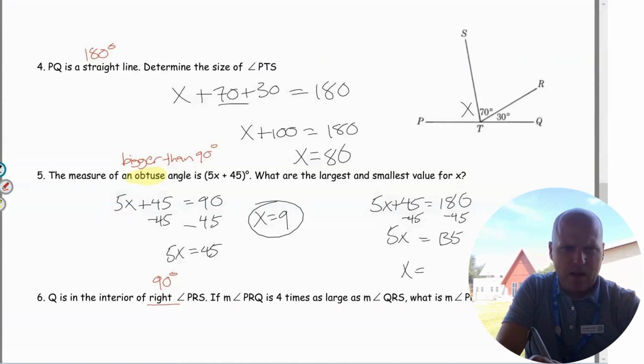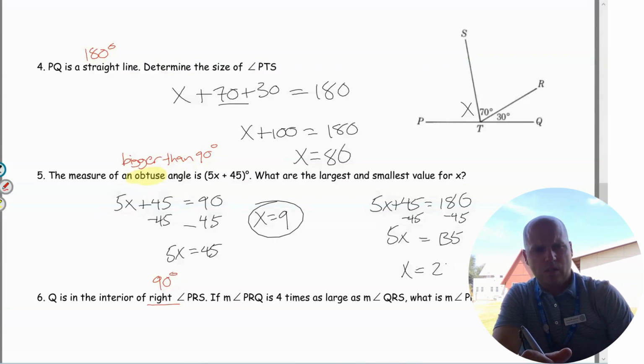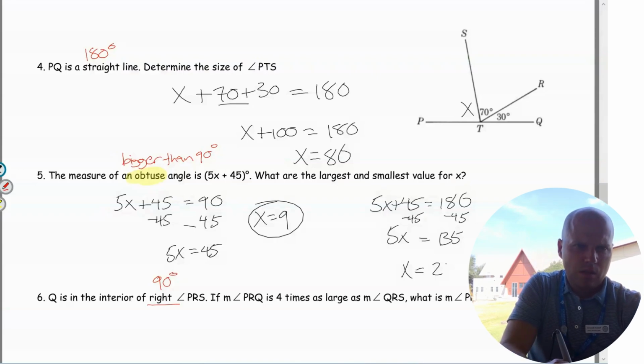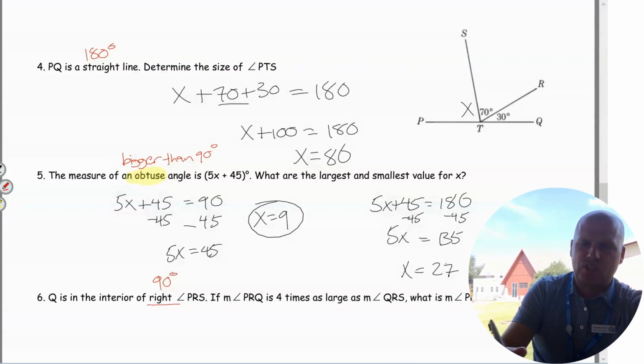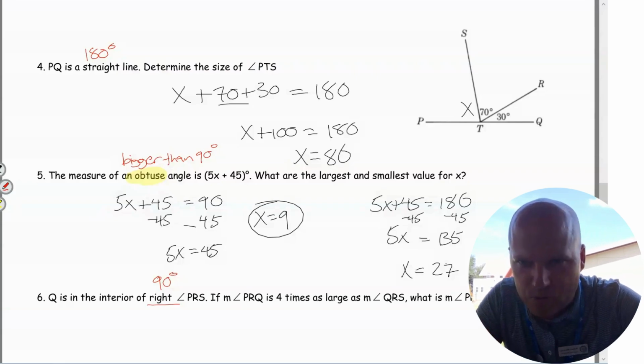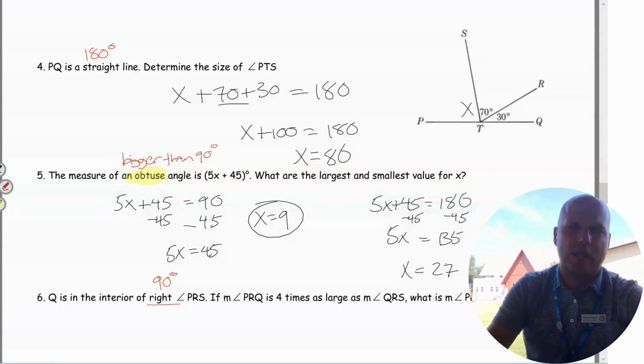Divide that by 5, and that's 27. Cool. So I'd say 9 is the smallest number, 27 is the largest number, if we're saying that an obtuse angle is bigger than 90 and less than 180.